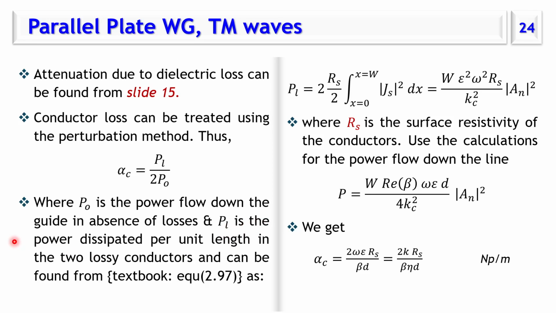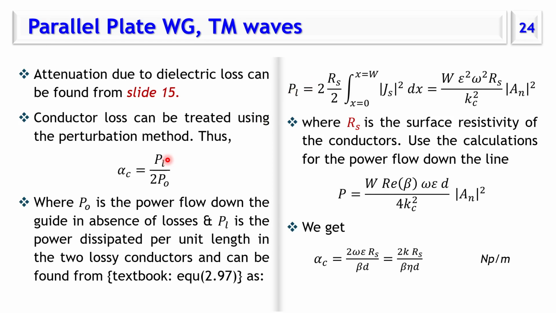P L is the power dissipated per unit length in the two lossy conductors. So we need to find the surface current on the two conductors and the surface resistance and calculate the total power dissipated on the surface resistance. This will give us the conductor power loss.